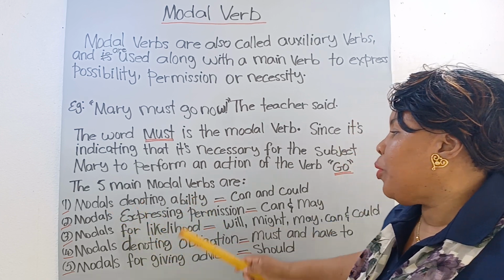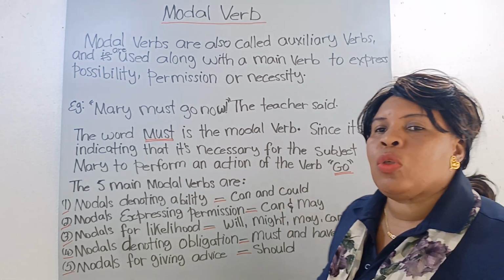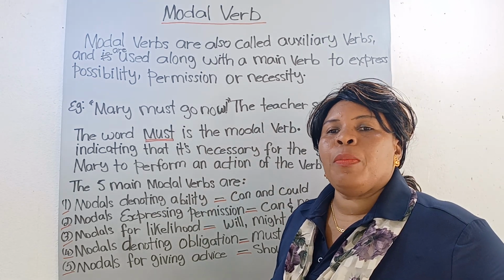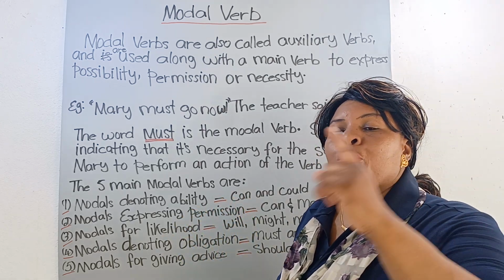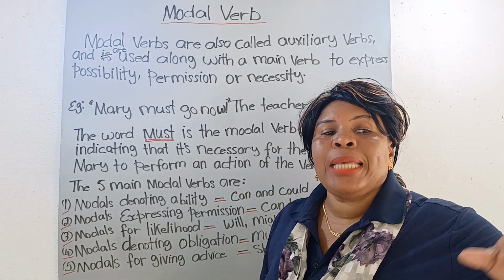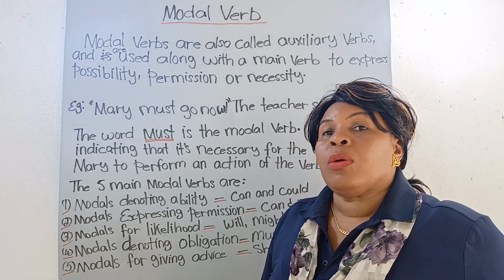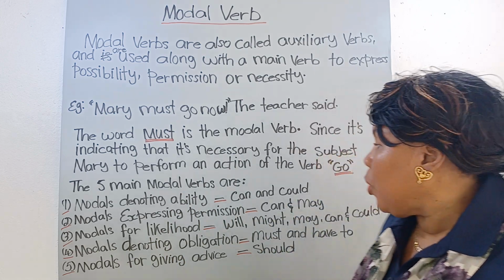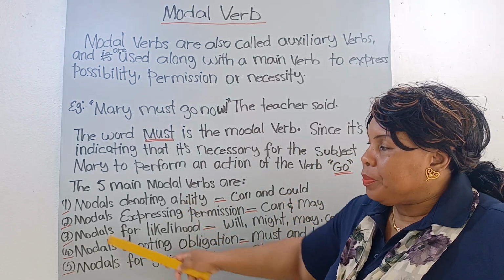So those are the modals you could use for anything. Can you reach for my book? Could you take up the chair? Can you climb the tree? Could you pick some apples for me? All right. So these are the modals you will use in ability.